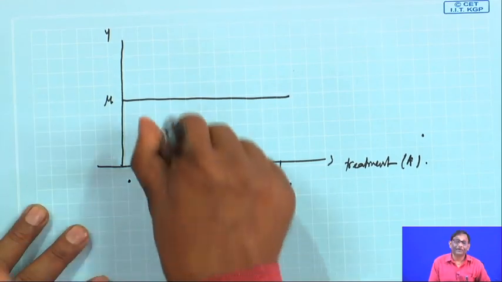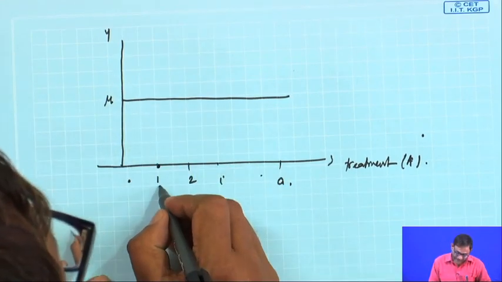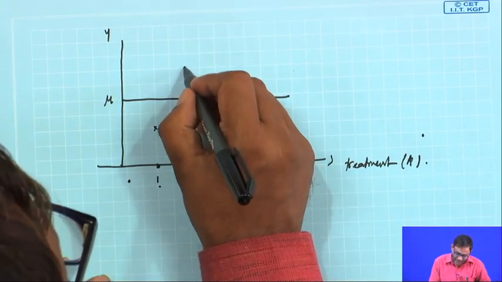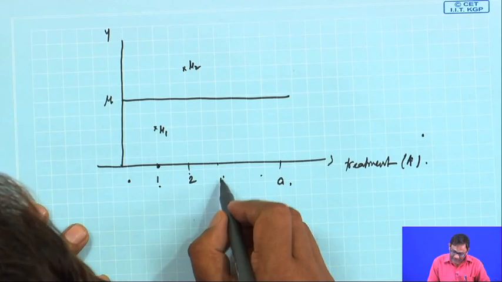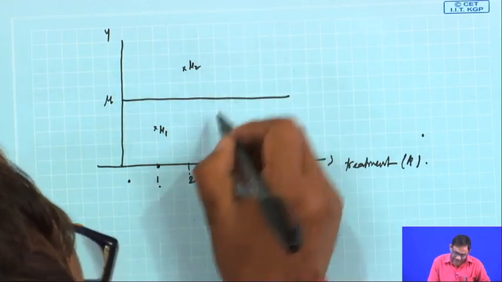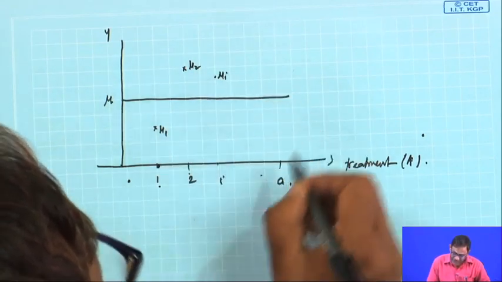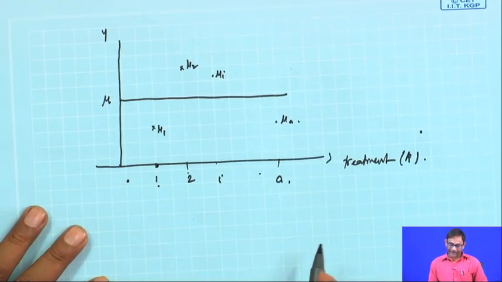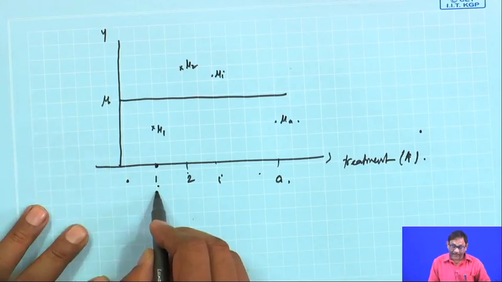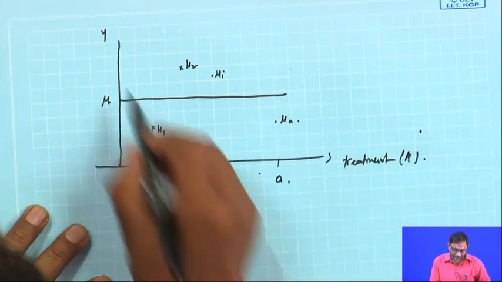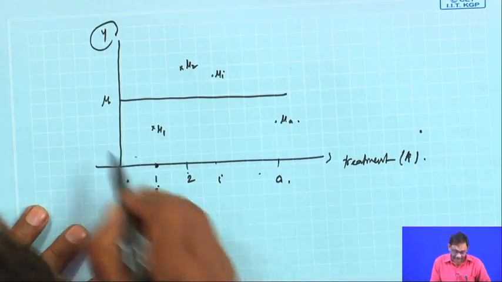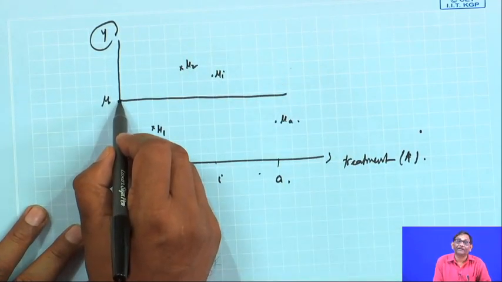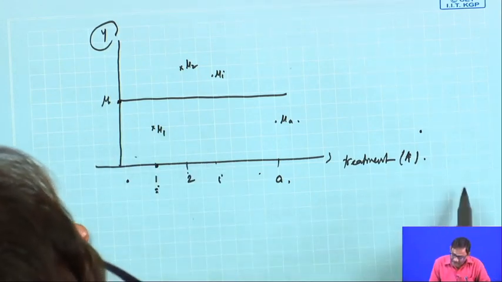So, everywhere there will be a mu. So, the first level mean may be here, which is mu 1, the second level mean may be here, which is mu 2, the ith level mean may be here, which is mu i, the ath level mean may be here, which is mu a. So, these are the means of y at different levels, and then the average or mean of the means is the grand mean.